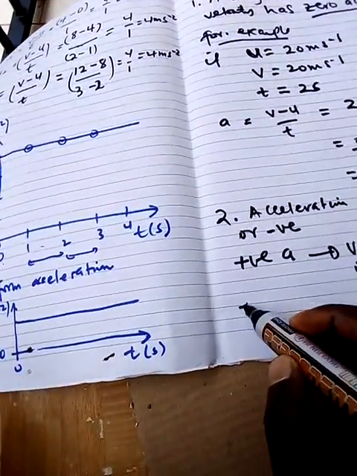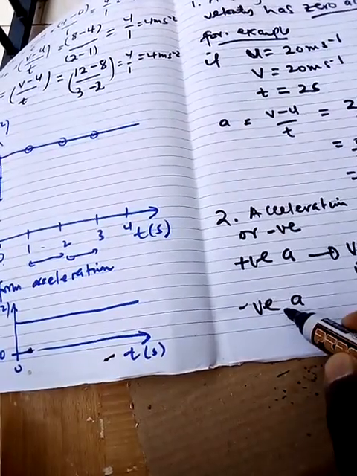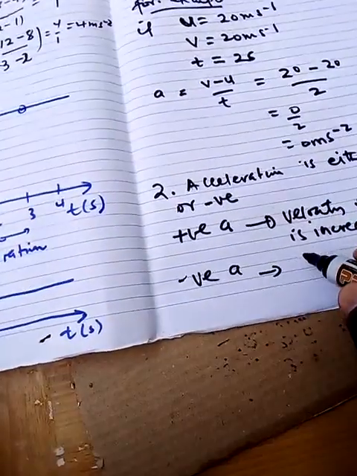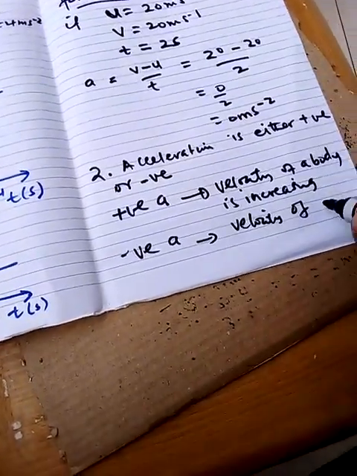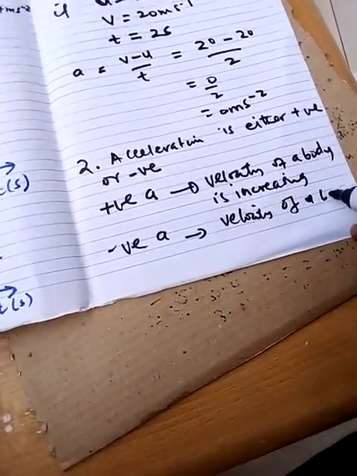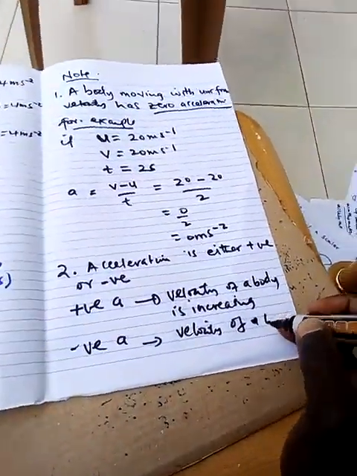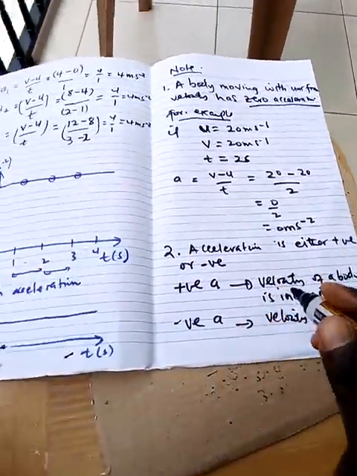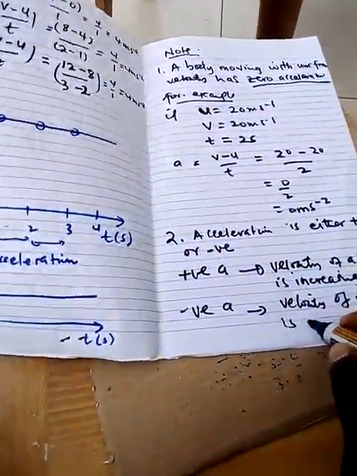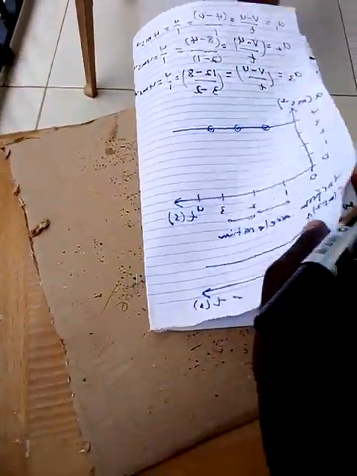Now, negative acceleration. The velocity of a body is decreasing or reducing.